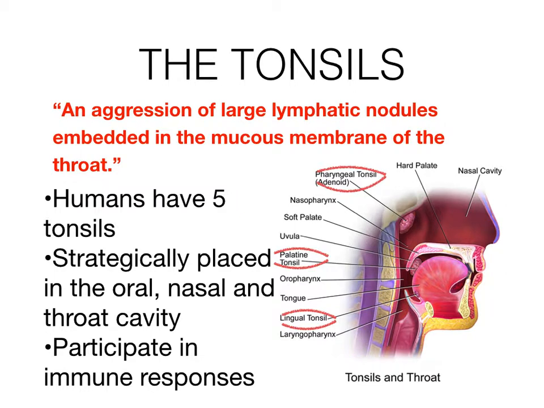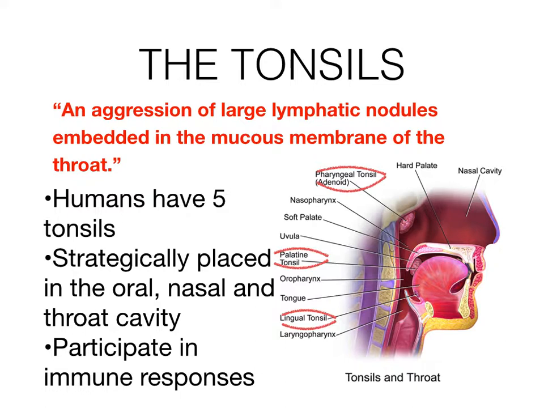Now that we know the basics, we can get into what a tonsil is. Quoted from our textbook, a tonsil is an aggregation of lymphatic nodules embedded in the mucous membrane of the throat. To simplify that, they are lymph nodes in the throat. Contrary to popular belief, humans have not just 2 tonsils, but 5 tonsils around their mouth and throat areas.